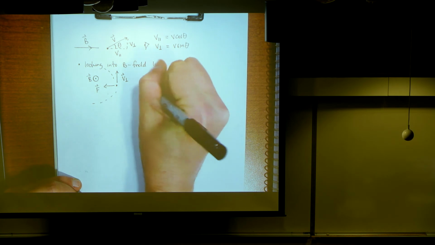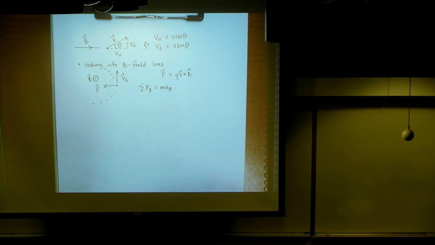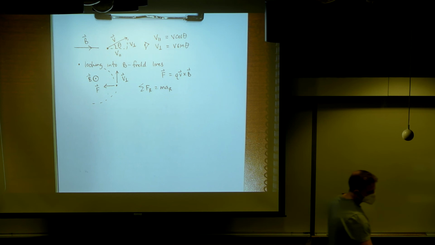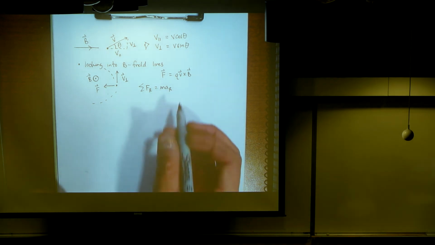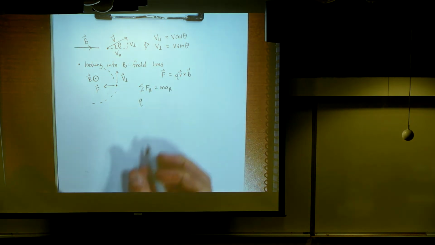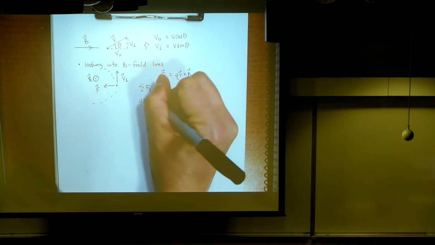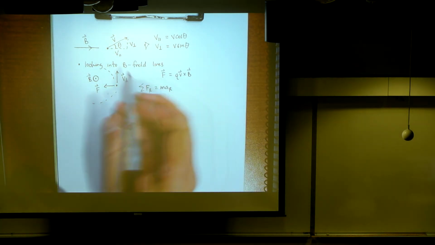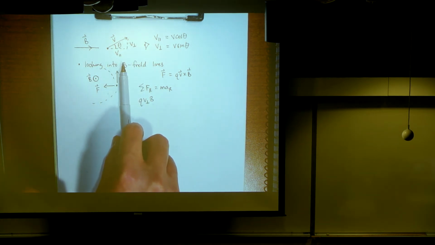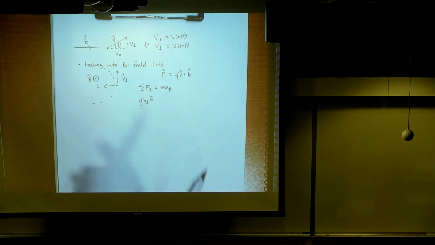So let's do F equals ma in the radial direction, because that's how I analyze the circular motion that I see in this plane. Looks like the force is just the magnitude of this guy. That's going to be q, and then we have v perpendicular, times B. And if I'm just considering v perpendicular, that's at a right angle to B, because v perpendicular is like this, B is like this, right angle.